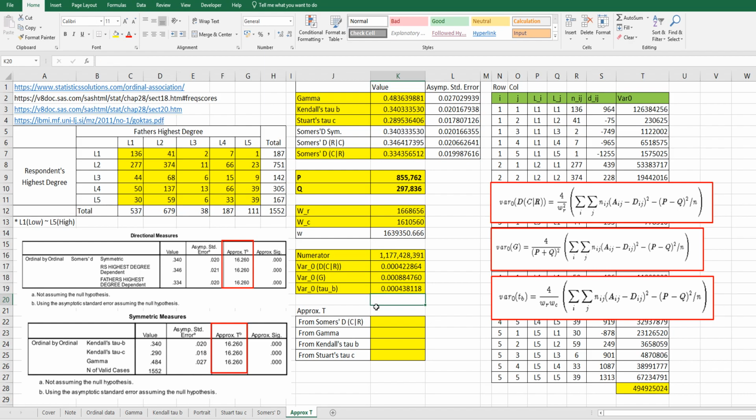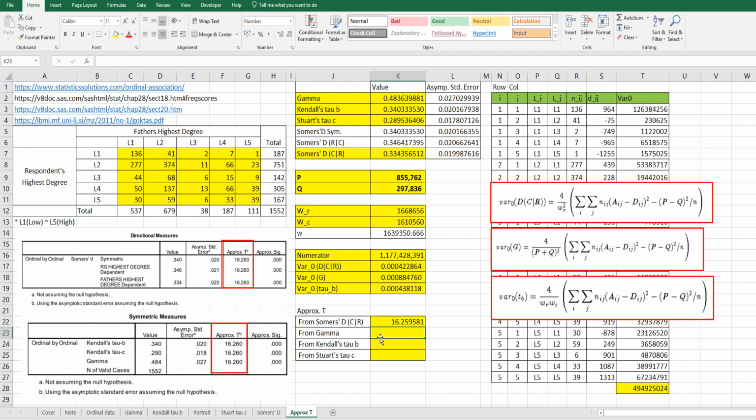Right. Finally, in order to calculate t value, we need to get value over square root of variance. So for Somers' D, we can use the value here, column given R, row, and over square root of this one.